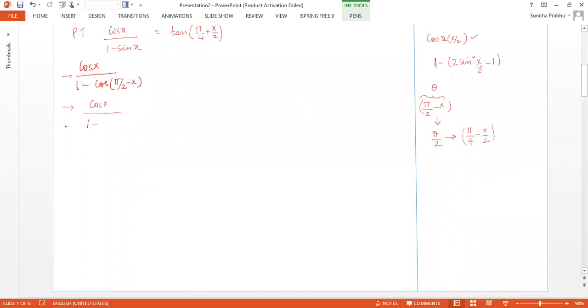Okay. So how will this look now? 1 minus, within brackets, 2 sine square half of the angle. I got the half angle as pi by 4 minus x by 2, correct?